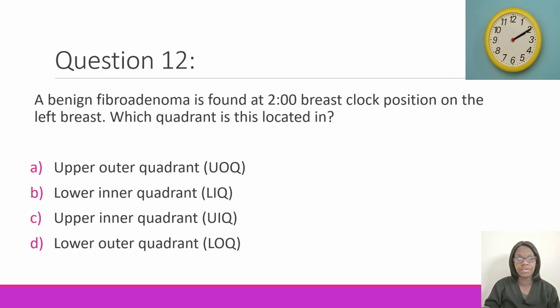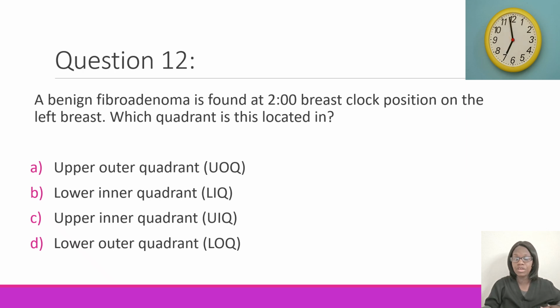Okay, question 12. A benign fibroadenoma is found at 2 o'clock breast clock position on the left breast. Which quadrant is this located in? Is it the upper outer quadrant, lower inner quadrant, upper inner quadrant, or lower outer quadrant? So if you do not know this just by thinking about it, I'll give you a few moments.